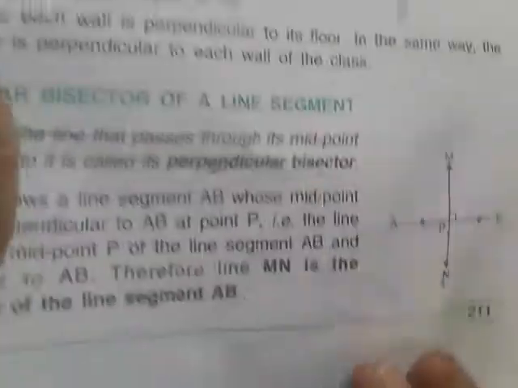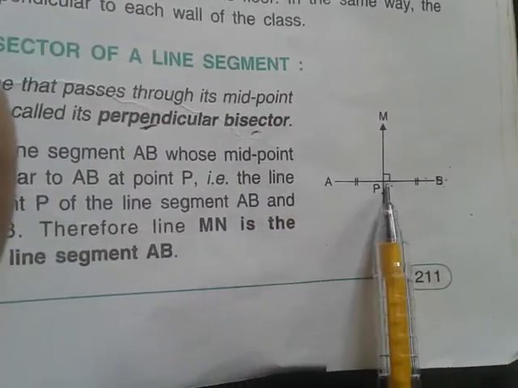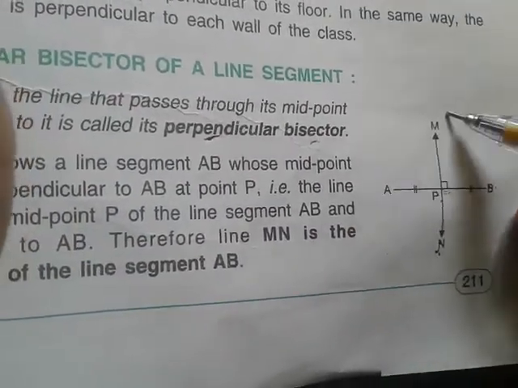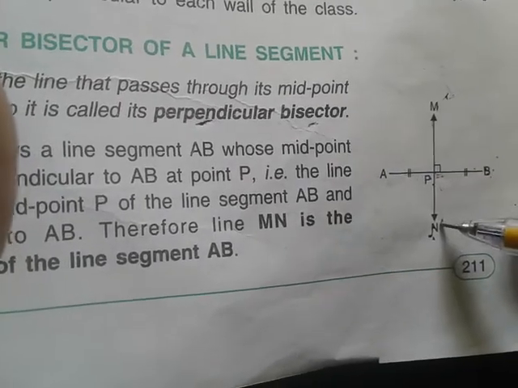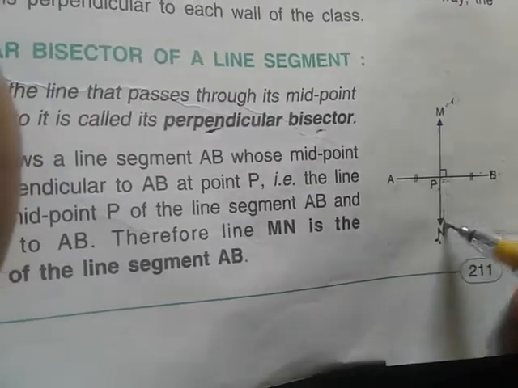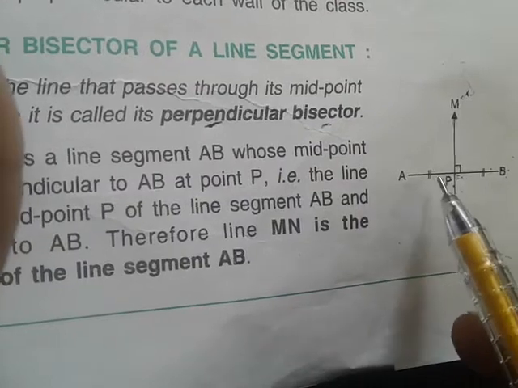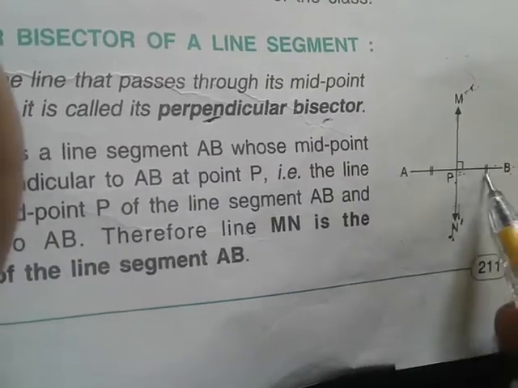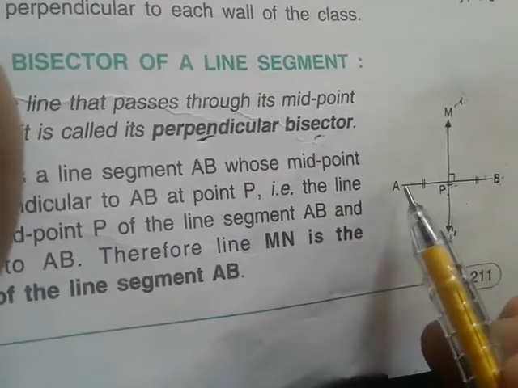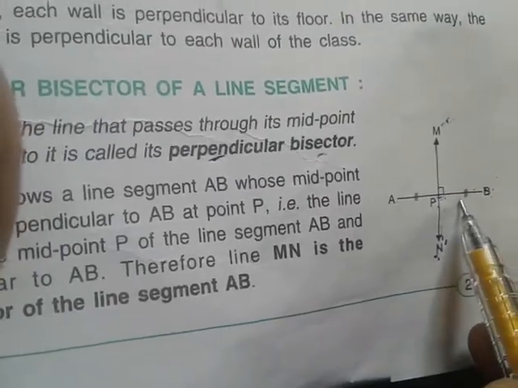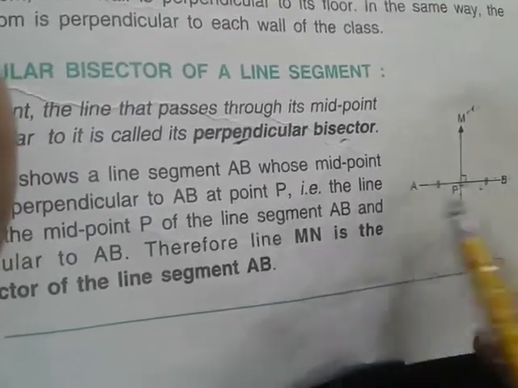So you can see here, in this figure P is the midpoint. MN is the perpendicular bisector which passes through line segment AB at point P. So P is the midpoint of AB. A perpendicular bisector always divides a line into two equal parts.